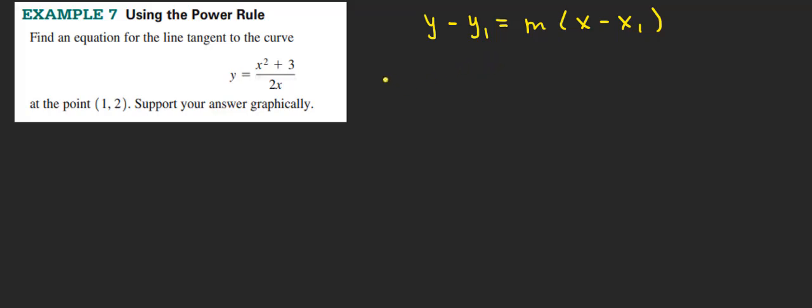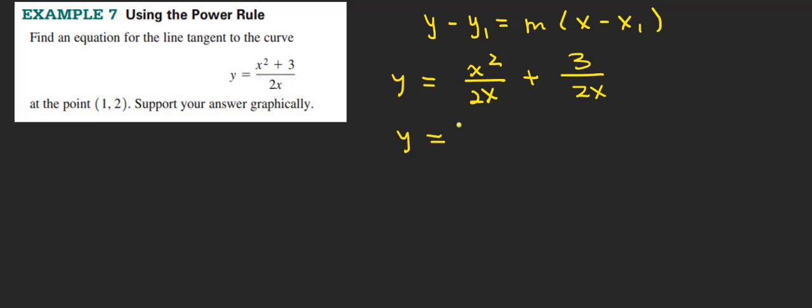Now, let's find the derivative, y prime. You could use the quotient rule. However, let's simplify this. So y is going to be, I'm going to separate them, x squared over 2x plus 3 over 2x.